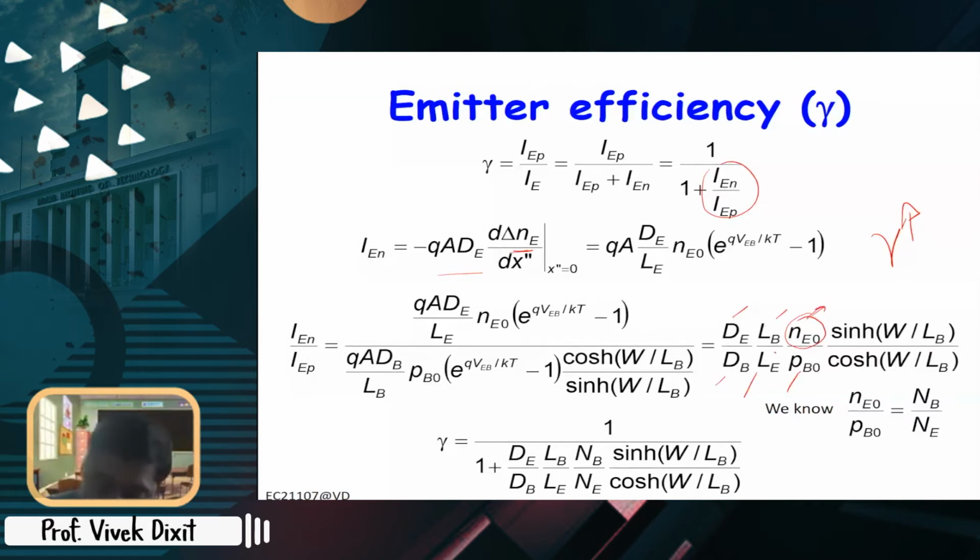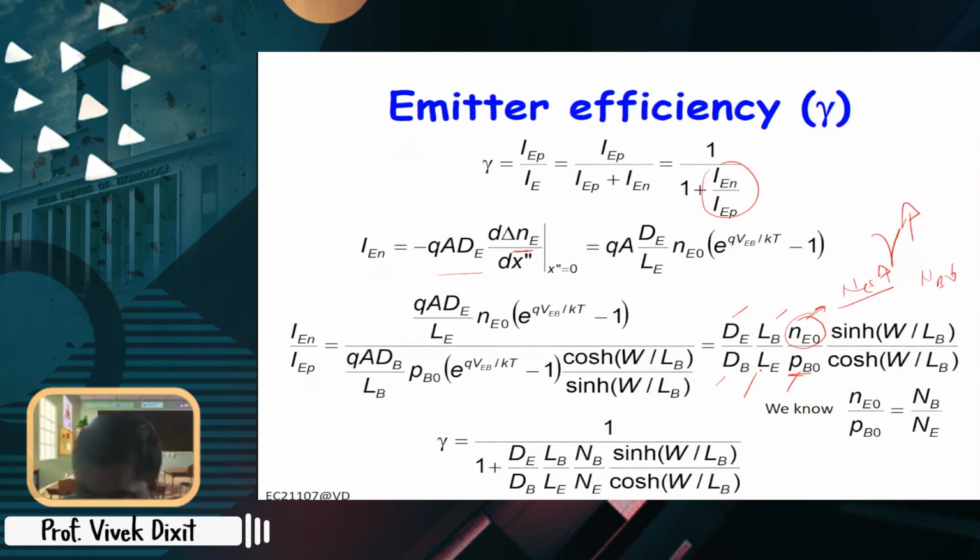Now NE is a minority carrier concentration. Now when will the minority carrier concentration be higher in the emitter? When doping is more, right? So that means the acceptor doping in emitter should be higher, and PB naught should be less. That means your doping in the base should be lower.